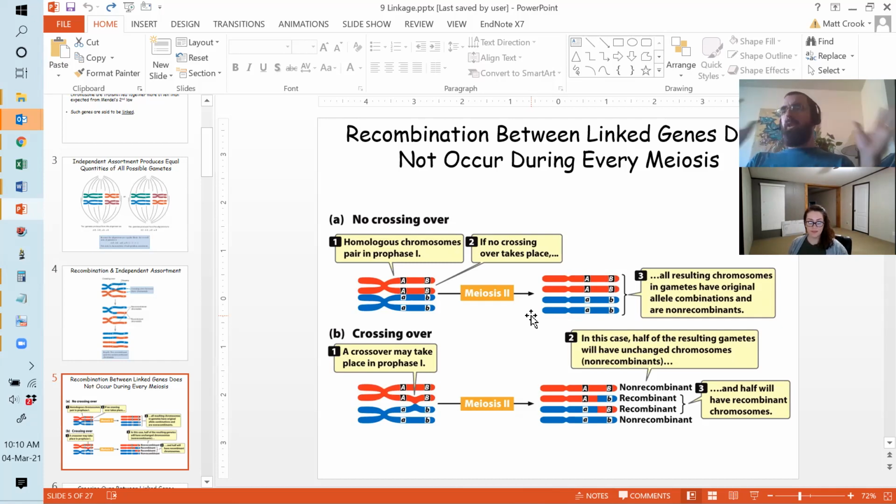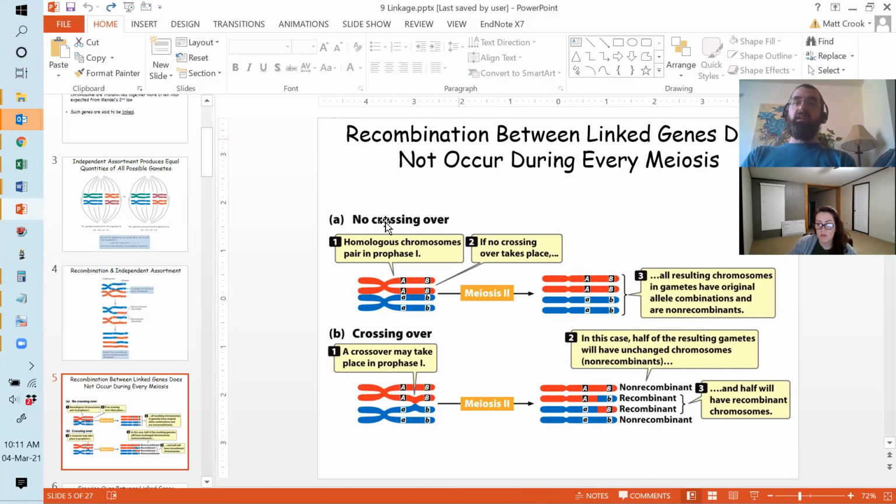And so essentially, all of that basically means that if recombination doesn't occur, you'll get more parental non-recombinant chromosomes going into gametes. And so in the offspring, you will see more allele combinations that are like what were originally in the parent. You'll see fewer of the allele combinations that arise from recombination that were not present in that parent, right?